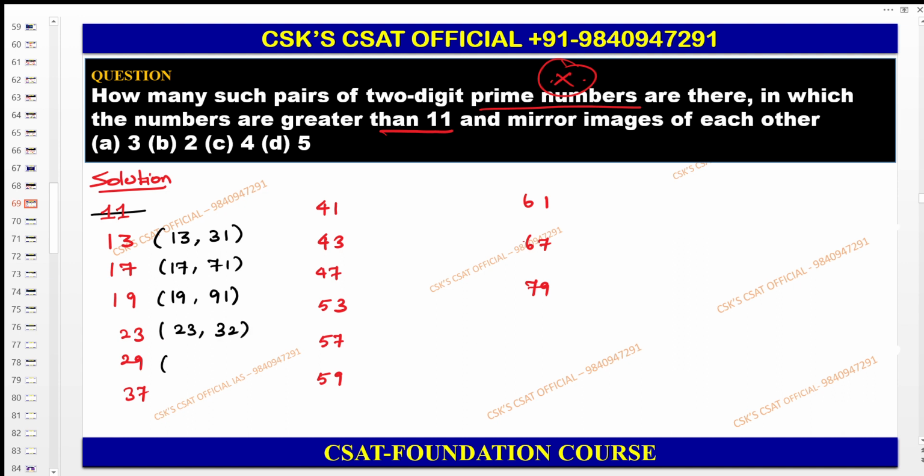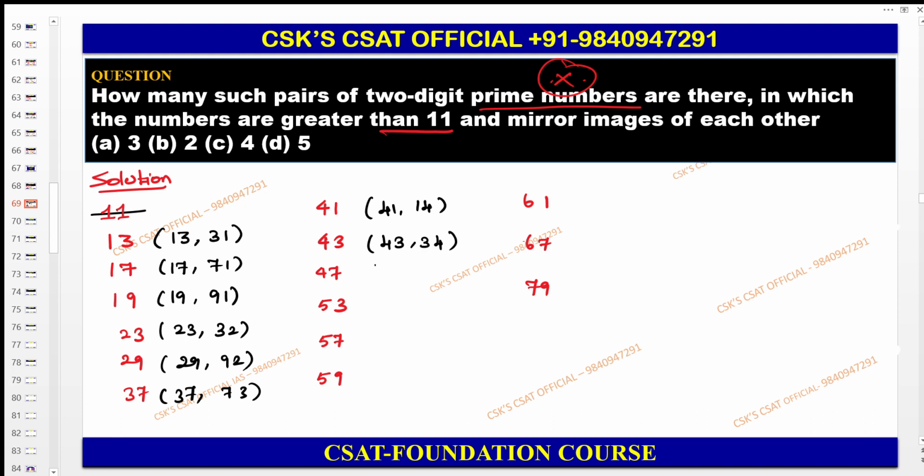So that is the mirror image. Now here 29, here 92, 37, then 73, 41, here 14. Like this you need to do here. So 43, then 34.